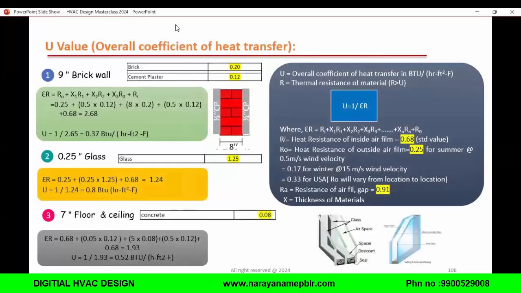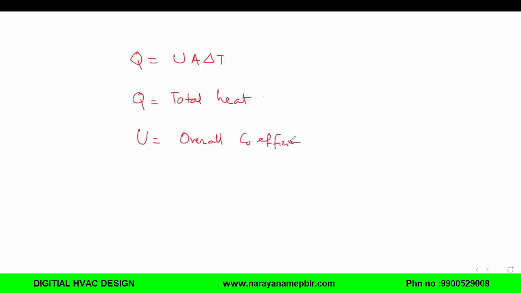Let me show this. To find out the heat, we have a formula, where Q is the total heat generated, and U is your overall coefficient of heat transfer.